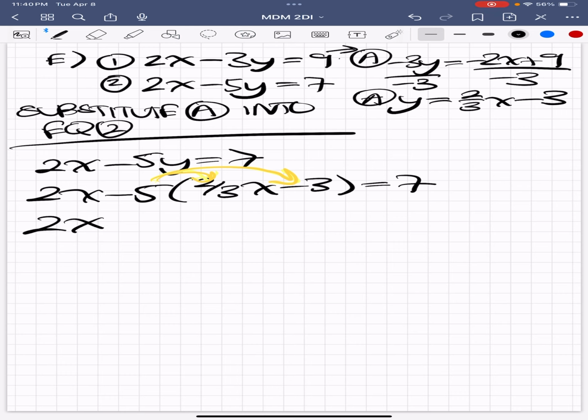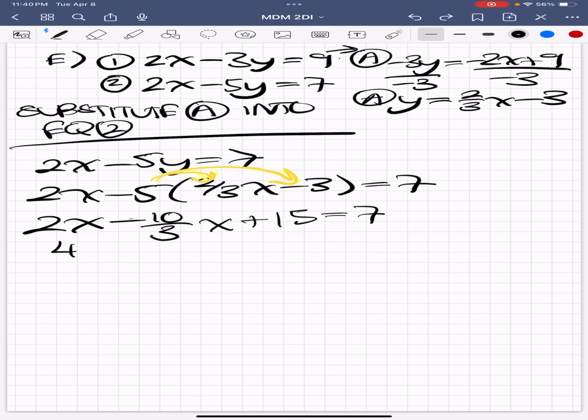So we have 2x. So 5 multiplied by 2 is 10, and then 1 multiplied by 3 is 3. That's x. And it's plus 15 equals 7. We have 6 over 3, or 4 over 2.